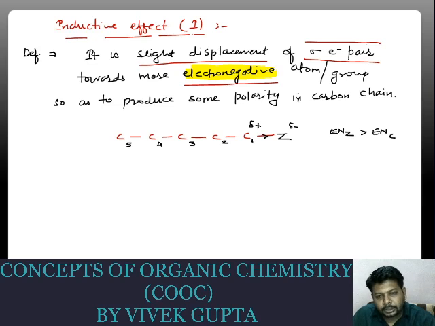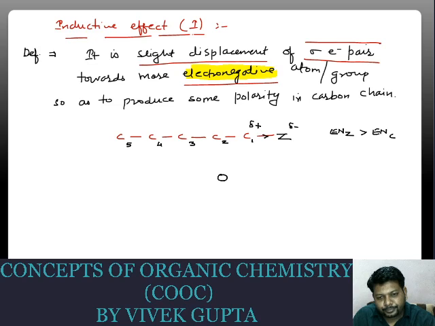But now take the case of C1. Due to electron pair movement towards Z, the C1 carbon has acquired some partial positive charge.